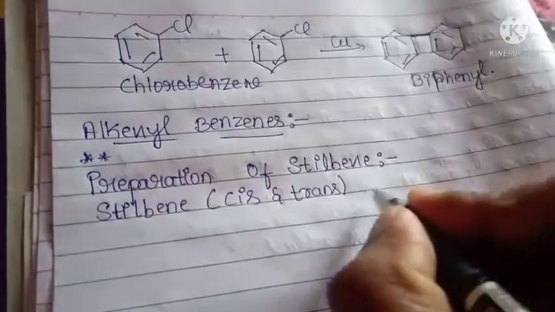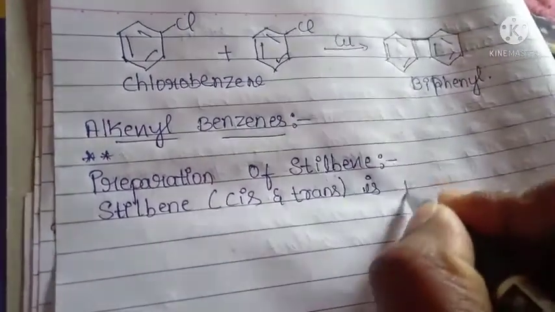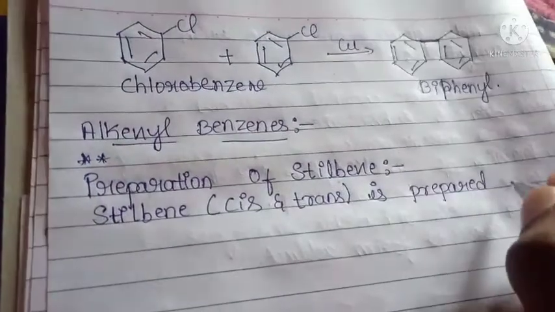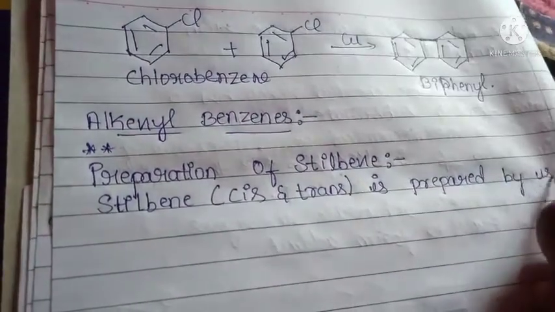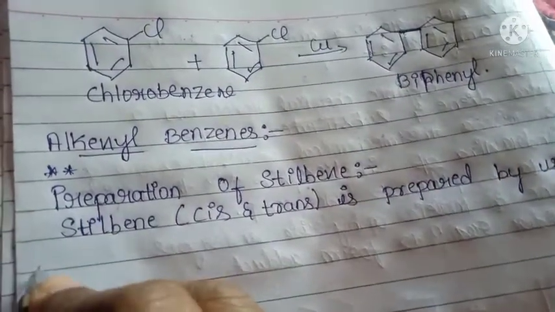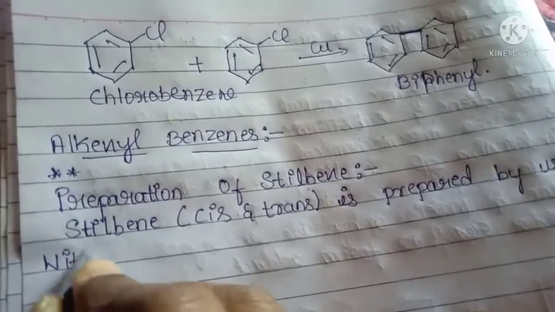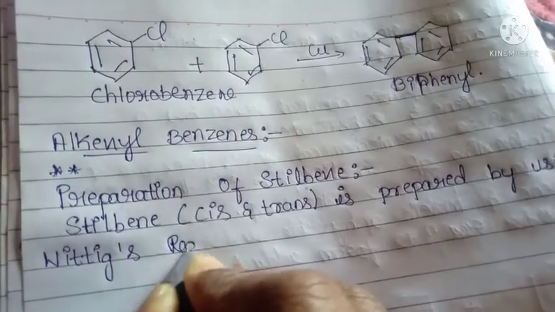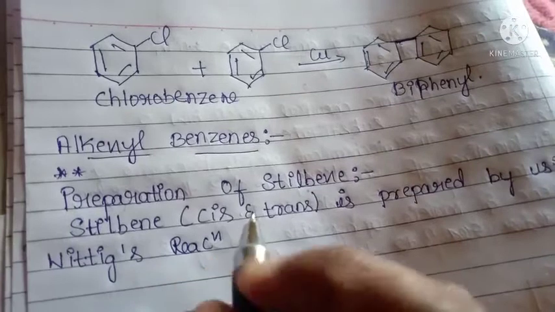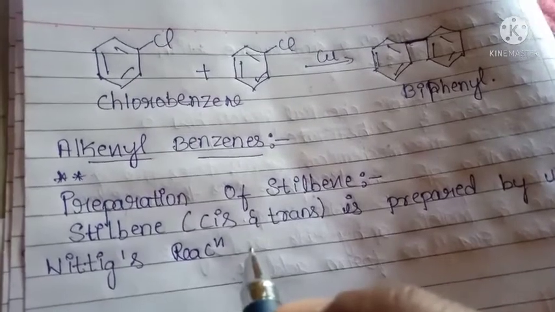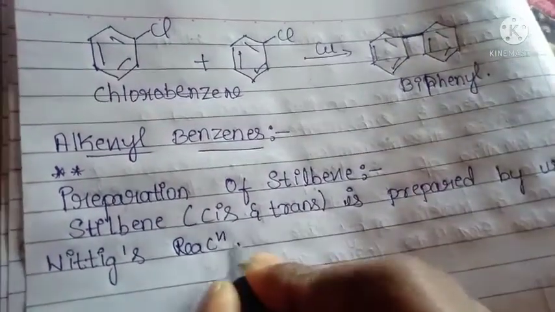Trans is prepared by using Wittig's reaction. It means stilbene is prepared when benzyl triphenyl phosphonium chloride reacts with benzaldehyde; that is called a Wittig reaction. The stilbene is prepared by using Wittig reaction.